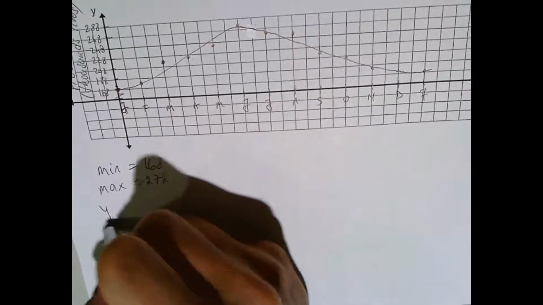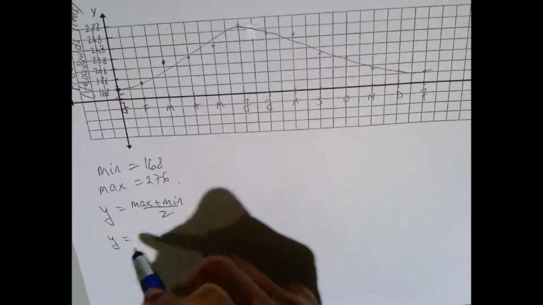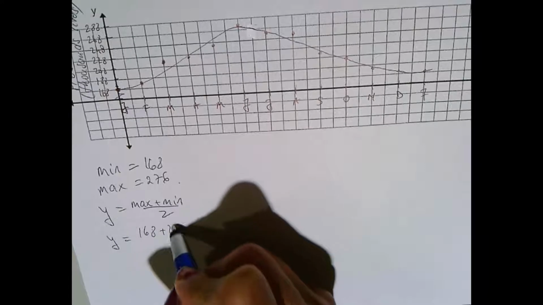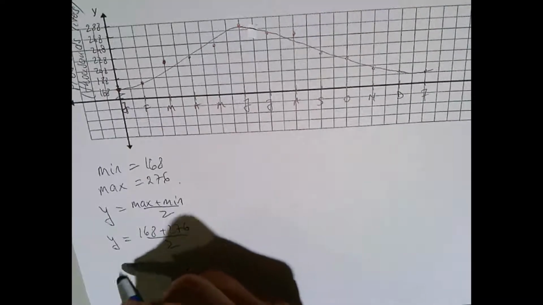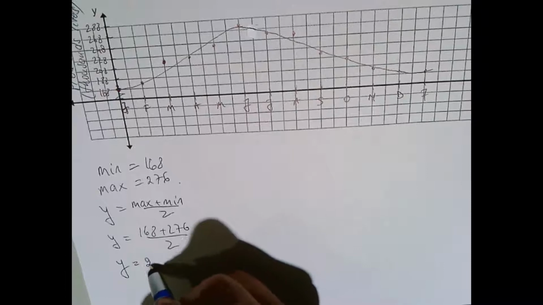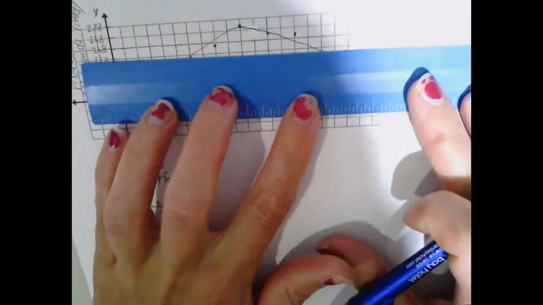I know that y equals max plus min over 2. So y equals 168 plus 276 over 2, which equals 222. So this is my equation of the axis, 222, which is right here.